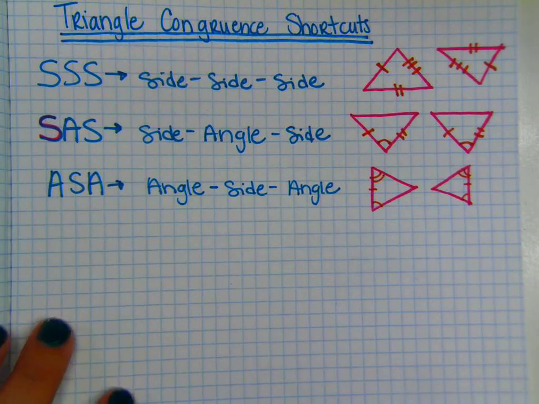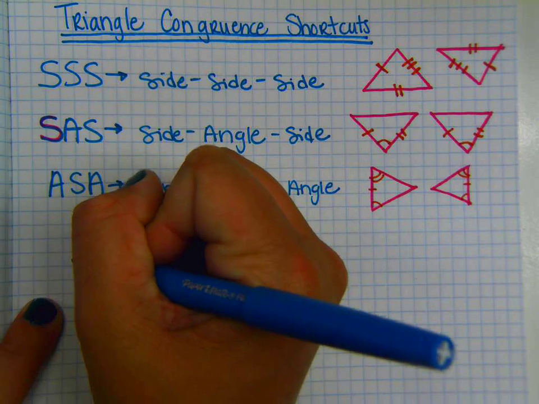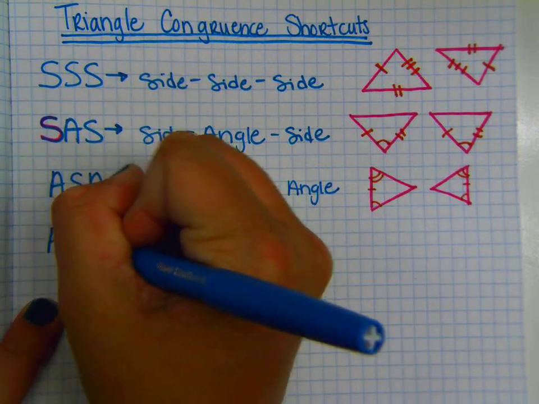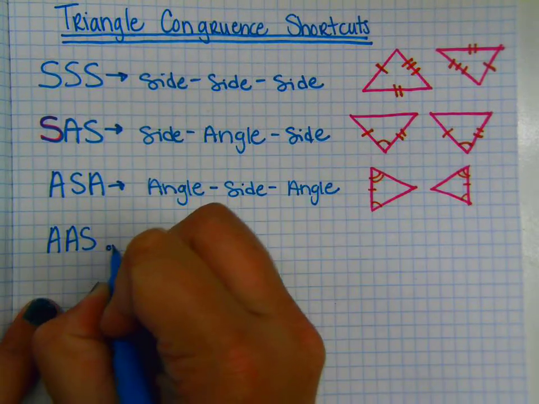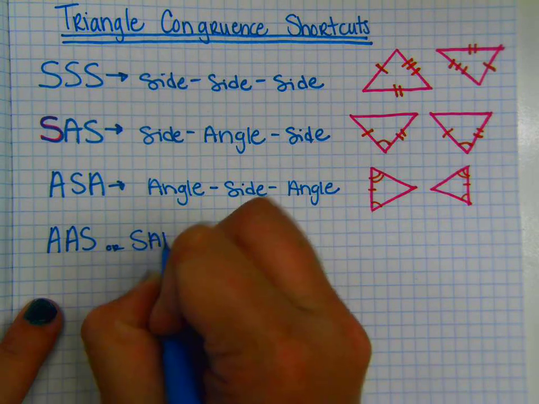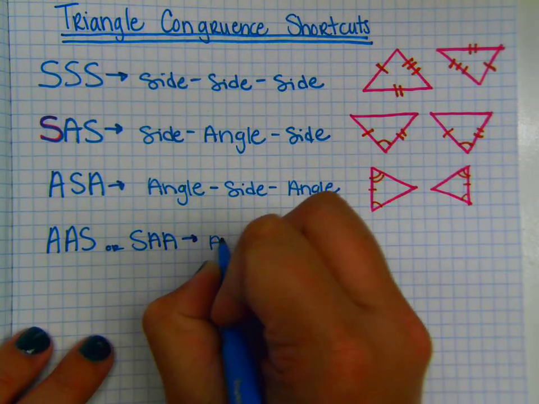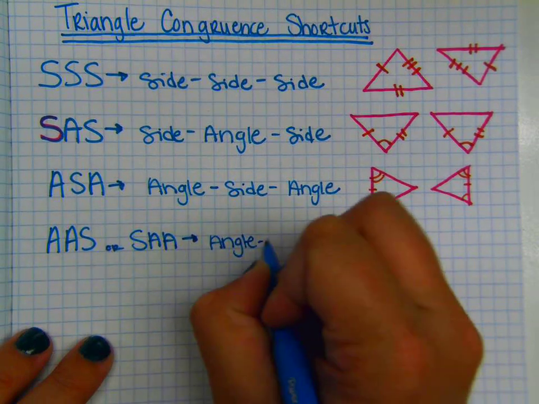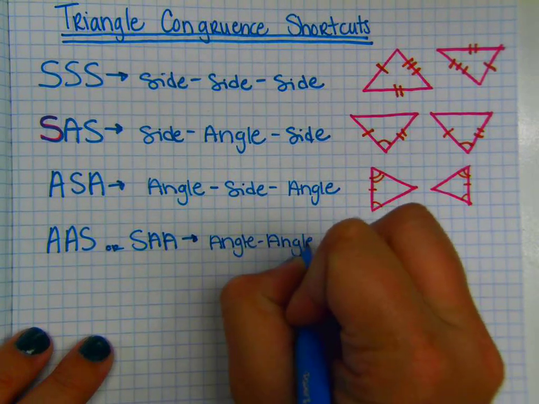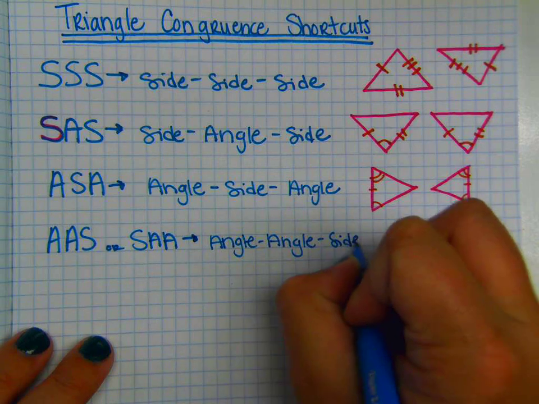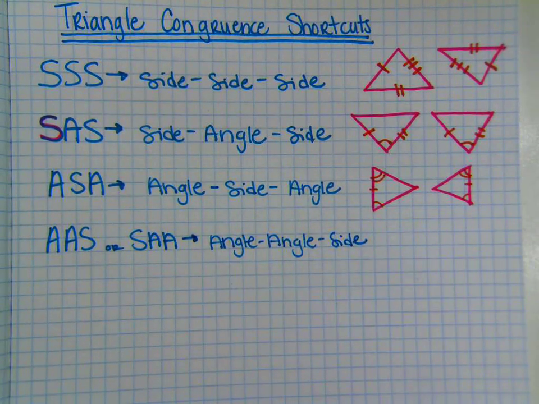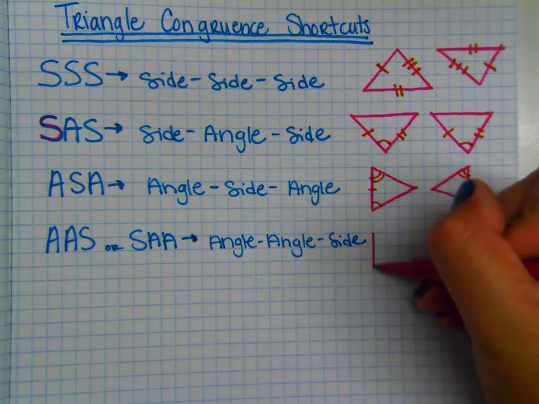The next one is angle, angle, side. Or you can also say this as side, angle, angle. They're the same thing. This is just you have two angles and then a side congruent.